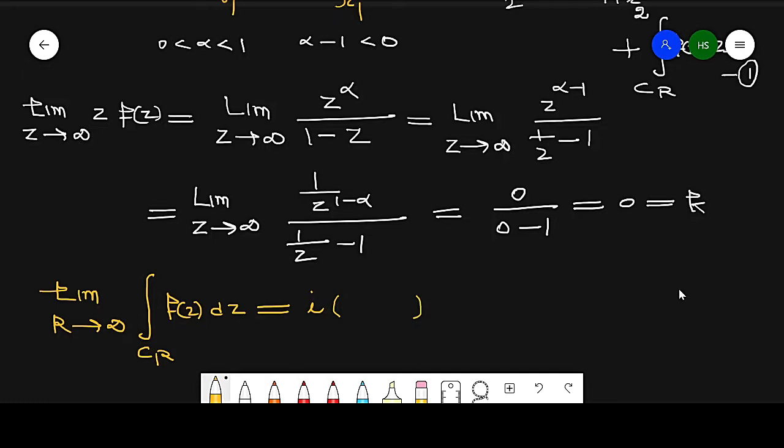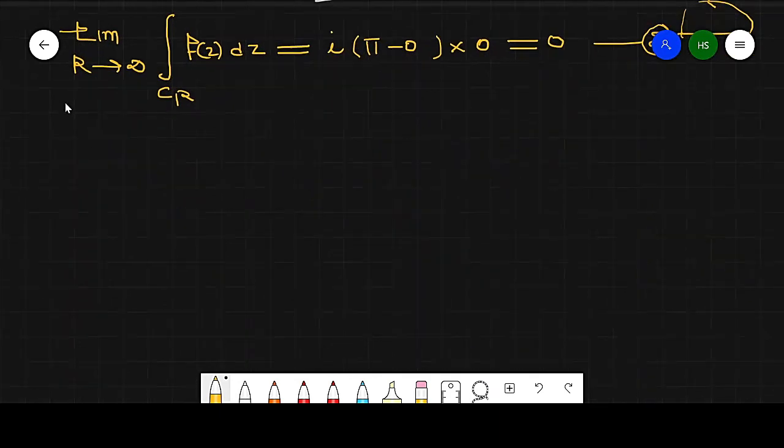Because this is a half circle, theta 2 is pi and theta 1 is 0. So this is pi minus 0 into k, which is 0. So we get the integration of this value equal to 0. Write it as equation number 2. But this is possible when capital R approaches infinity.